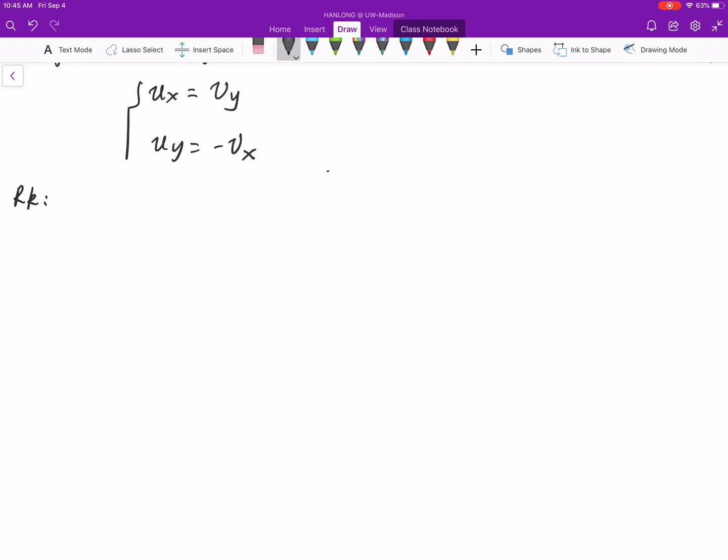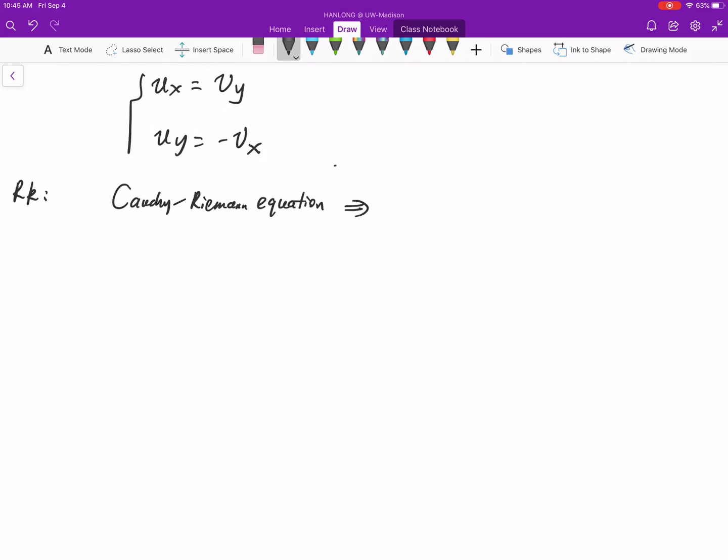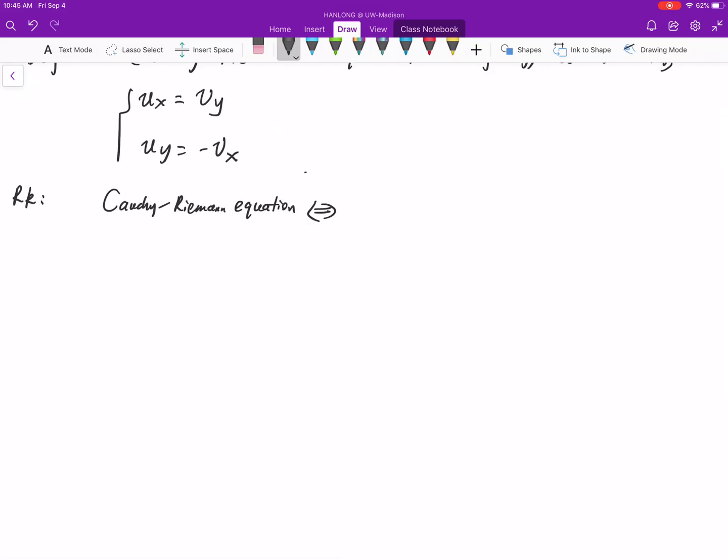So we would like to make two remarks. Firstly, the Cauchy-Riemann equation is equivalent to the single equation (partial x plus i partial y) f equals 0.